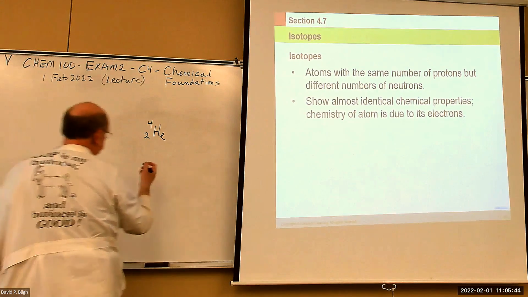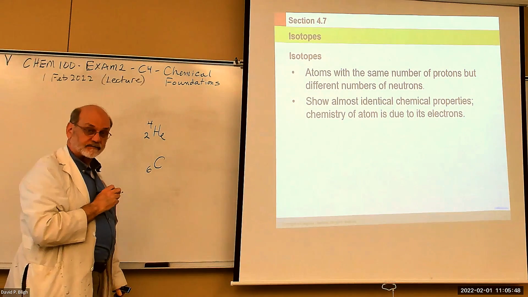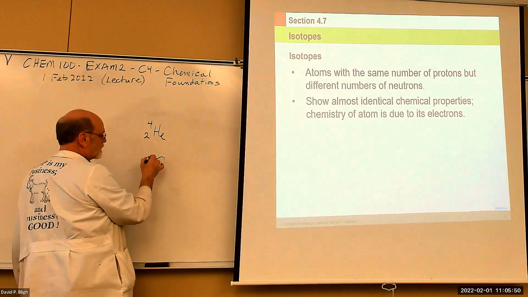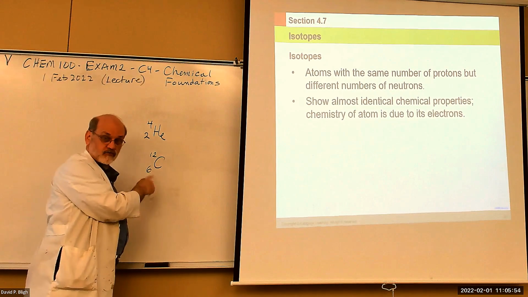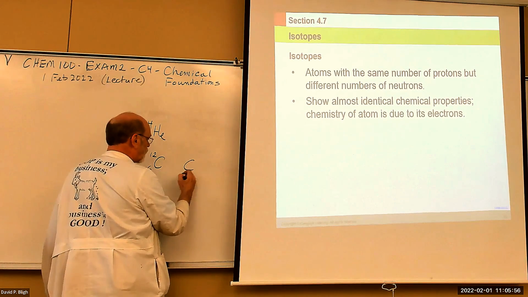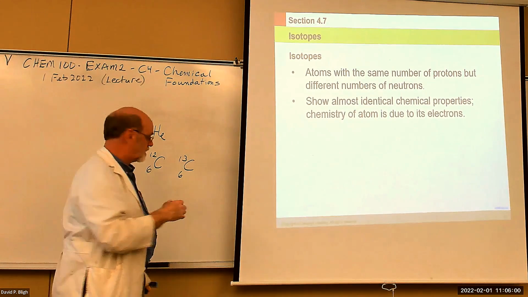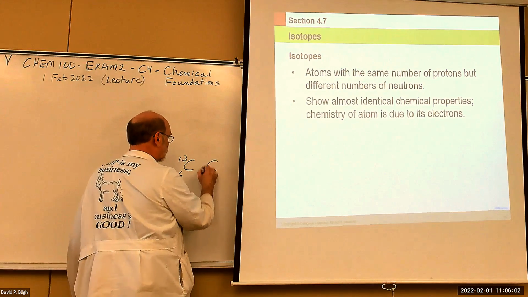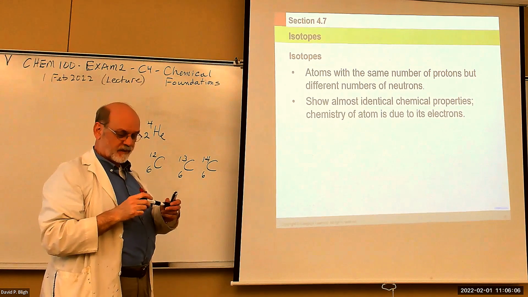If we use carbon, 6 protons make carbon. But carbon can either be 12, which means 6 neutrons, or carbon can be 13, which means 7 neutrons, or it can be 14, which means 8 neutrons.